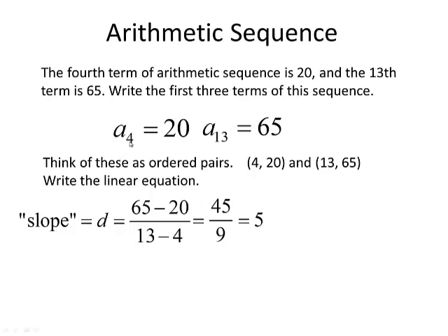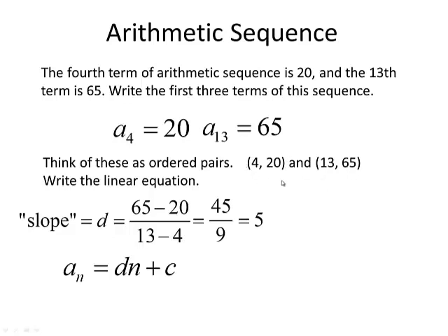Now we want to find the first term. Well, in order for us to write the equation, we need the first term. And we know that at any term, y is equal to mx plus b. So we're trying to find this, the y-intercept. We have the slope, we have two ordered pairs, we only need one of them.